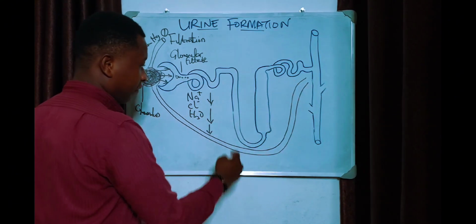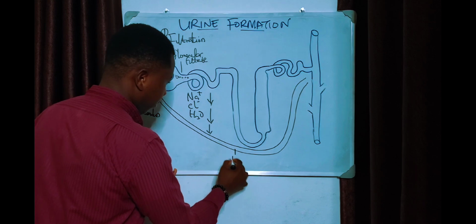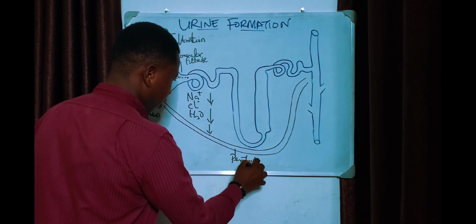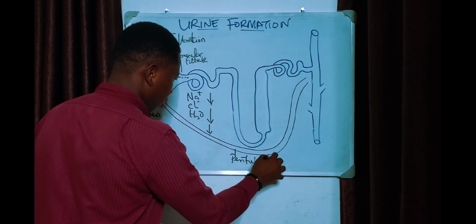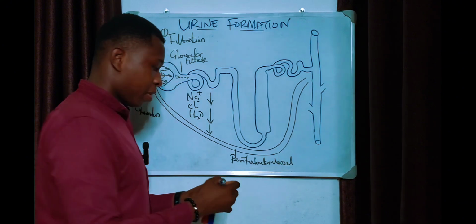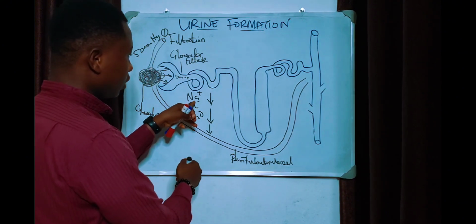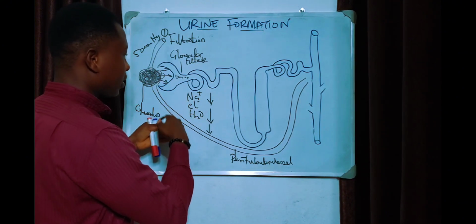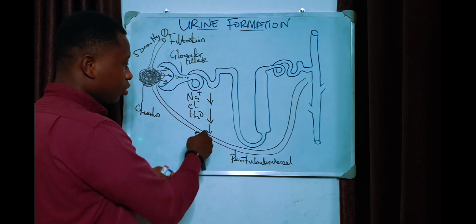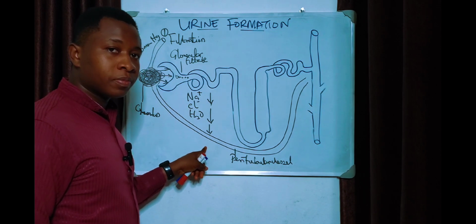This is called the peritubular vessel. So the sodium, chloride and water are absorbed into the bloodstream.